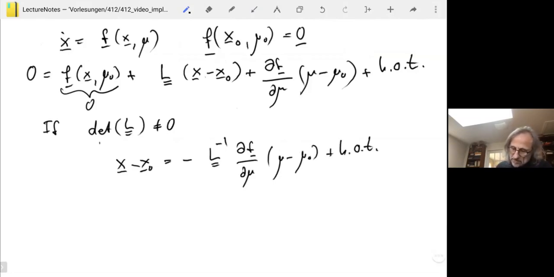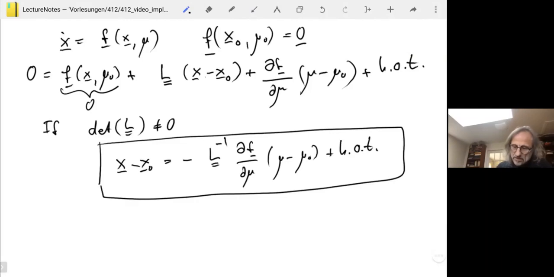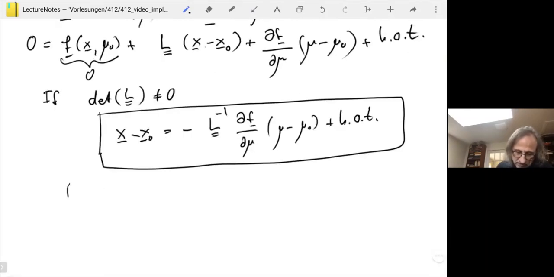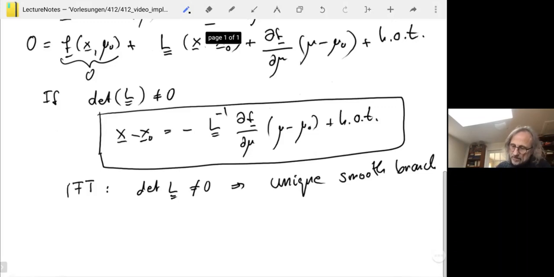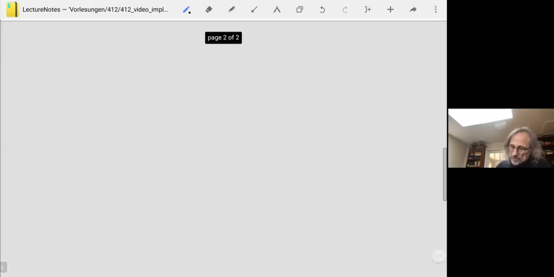And so it's an analogous statement. The implicit function theorem tells us that if the determinant of L is not 0, then we get a unique, smooth branch, also in n dimensions. Okay, so let's say that once more, more concretely.